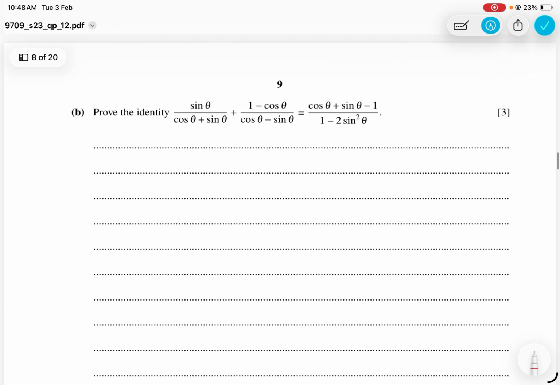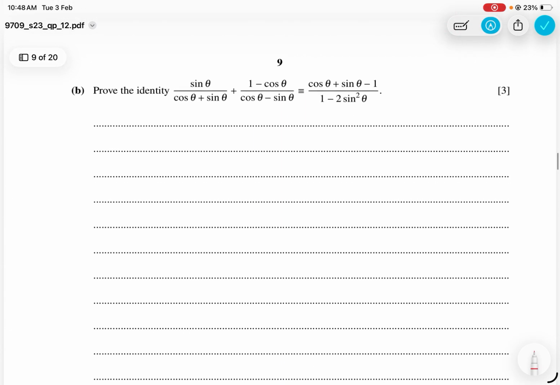Let us move on to the next question, learners. We have to prove the identity in this one. The sine theta upon cos theta plus sine theta, and this. Okay, let's take the LCM. So we will have cos theta plus sine theta. If you don't know how to take the LCM, let me teach you. So what we do is we multiply these two, cos theta plus sine theta, cos theta minus sine theta.